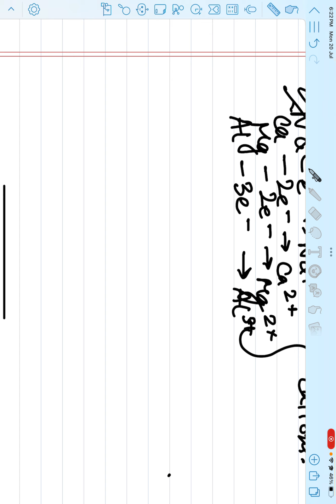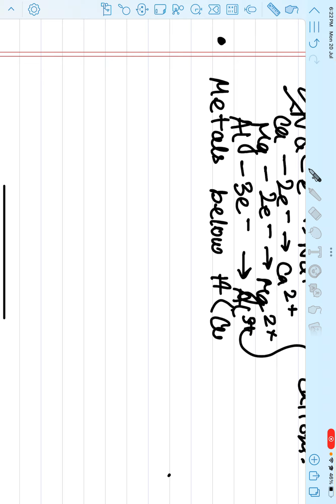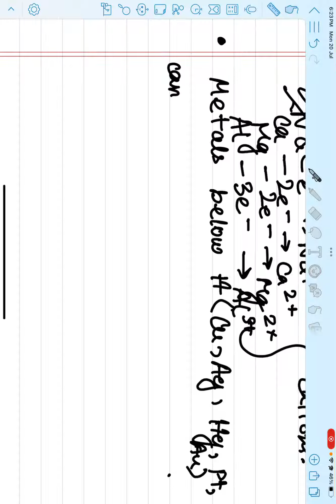Gold and platinum are absolutely inert, but even copper, silver, and mercury cannot displace hydrogen from acids. Metals below hydrogen is very, very important.